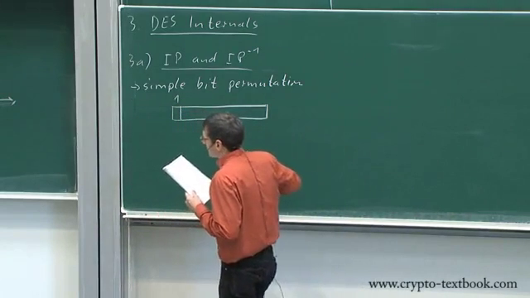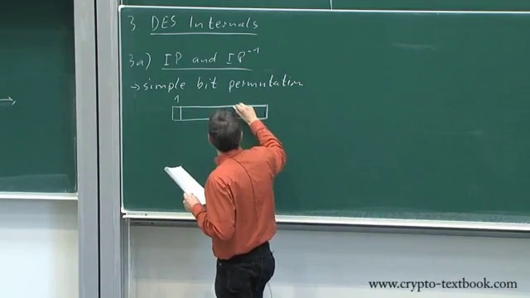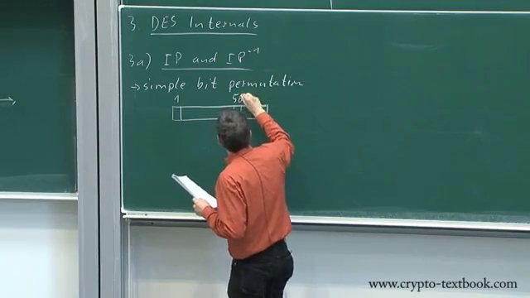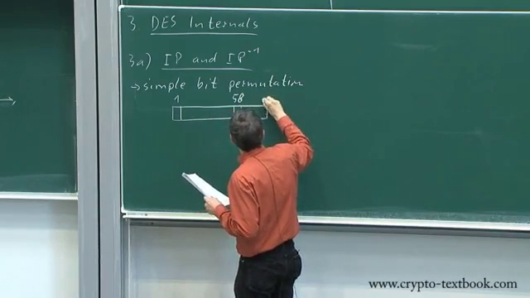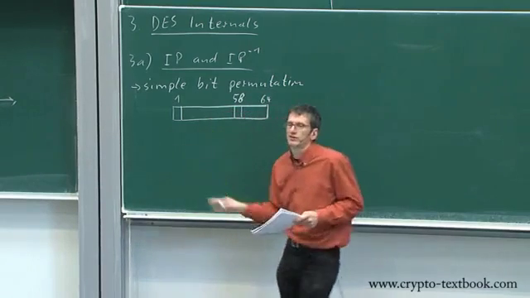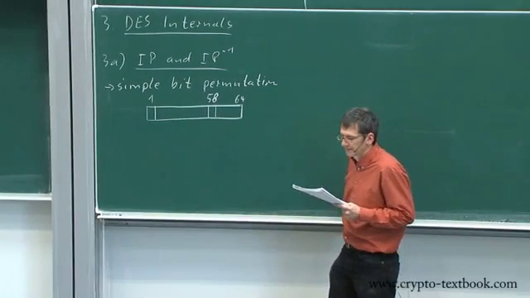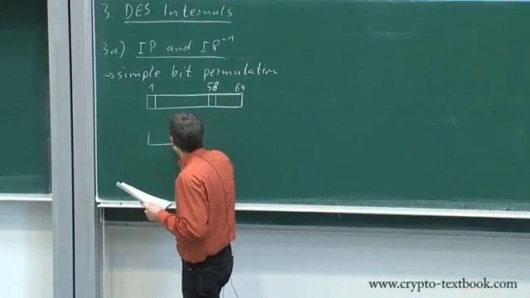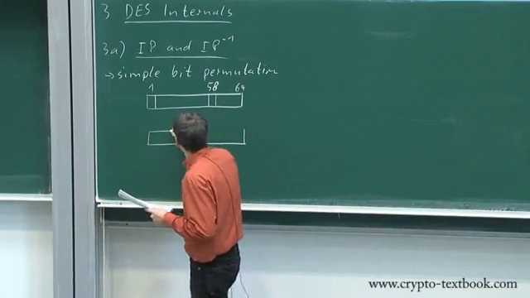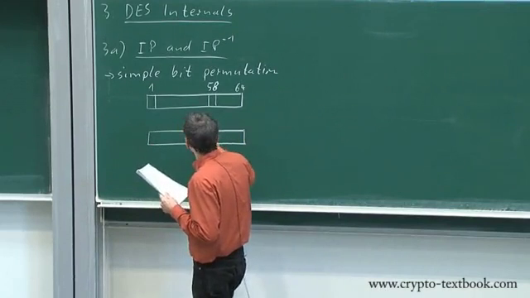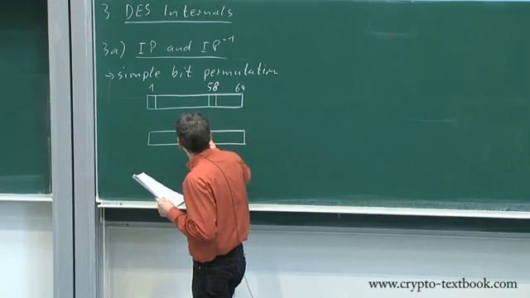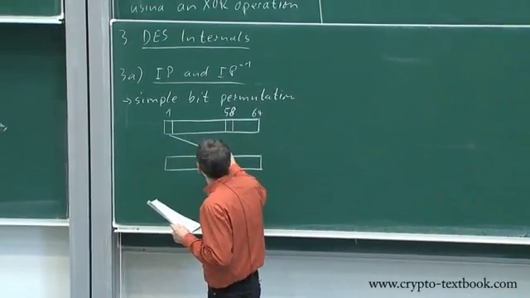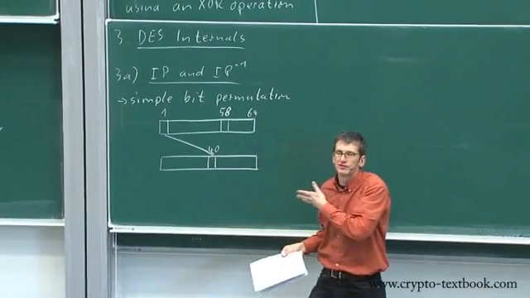Let's look at bit number 1 and at bit 58. I'm sorry, it's supposed to be an 8 here, and here we would have 64, but let's only look at those 2 bits as examples, okay? So what's happening here is that bit 1 is copied to bit position 40.